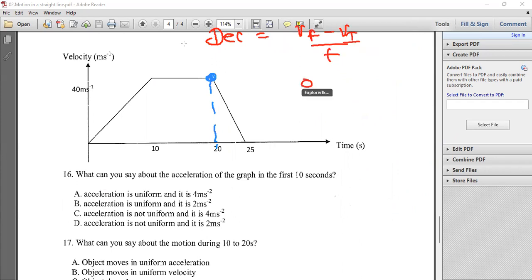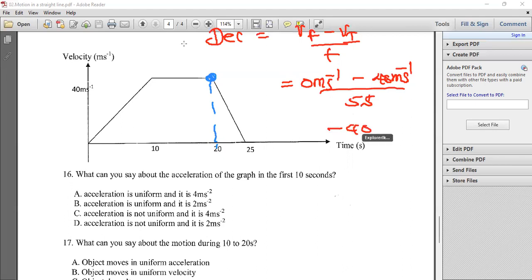Velocity final is 0 ms minus 1, velocity initial was 40 ms minus 1, and the time taken is 5 seconds. So you get minus 40 ms minus 1 divided by 5 seconds. Since they are asking for a deceleration, you don't need to mention the negative value. So it has to be 8 ms minus 2 as the deceleration.